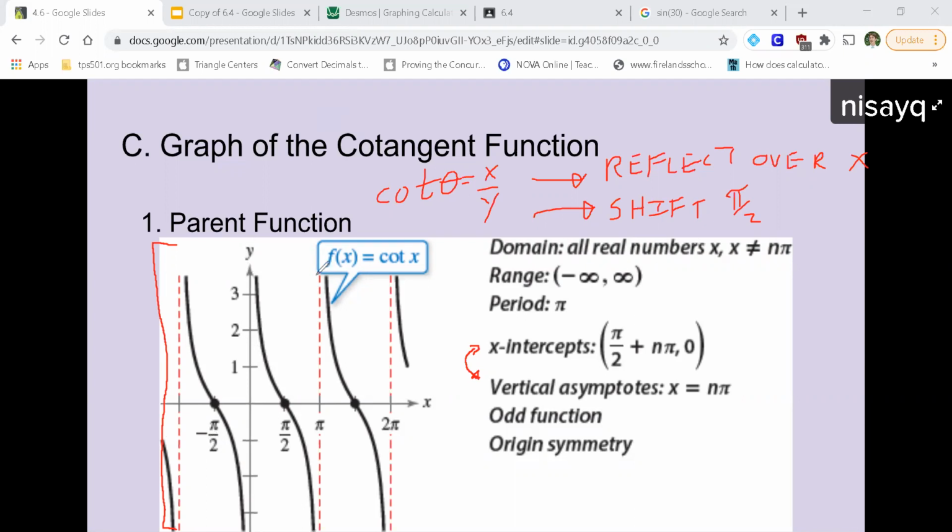So the pattern that you will use is very similar. It'll be asymptote, +1, 0, -1, asymptote, like we did for that example.